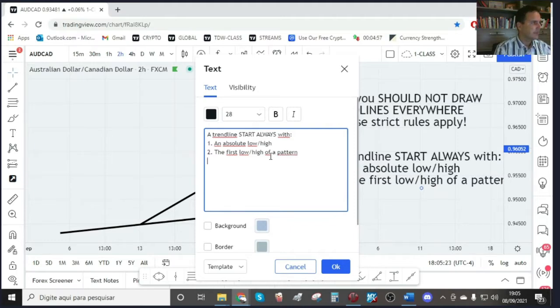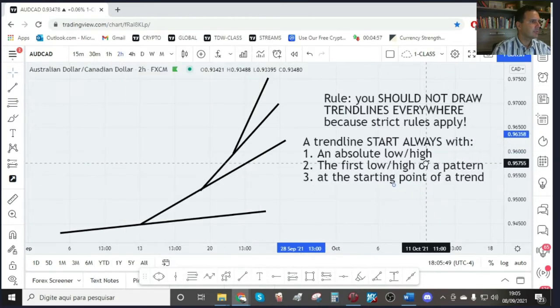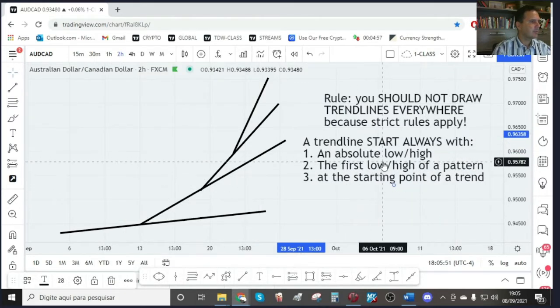Number 3, a trend line starts always at the starting point of a trend. So a trend line starts always with an absolute low or absolute high, or the first low or high of a pattern, at the starting point of a trend.